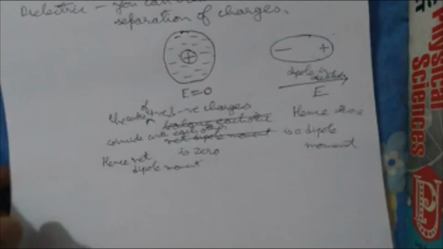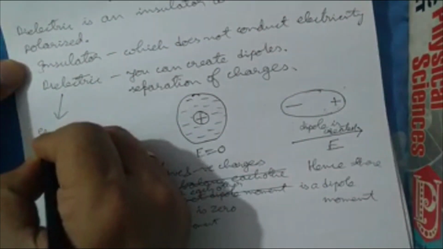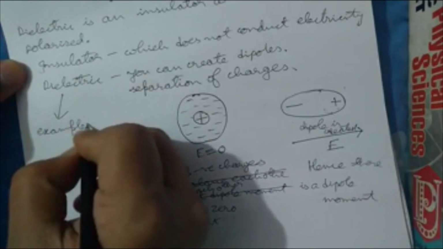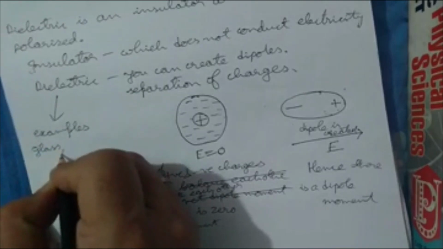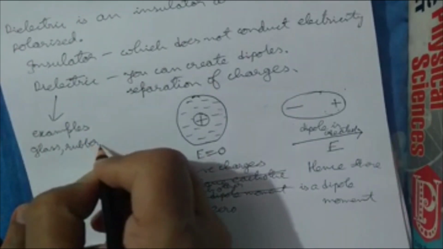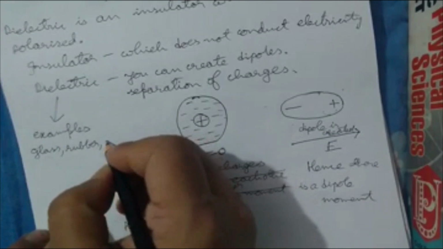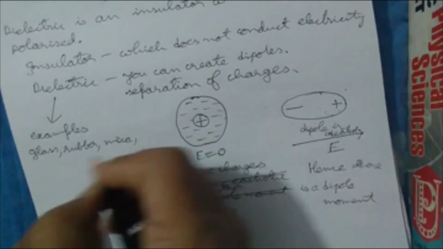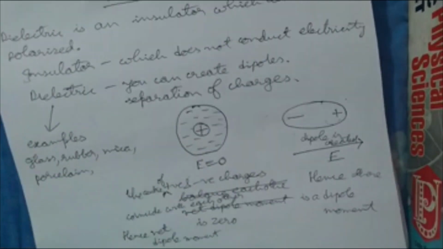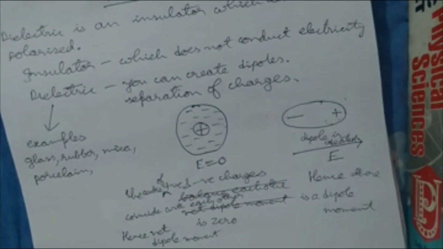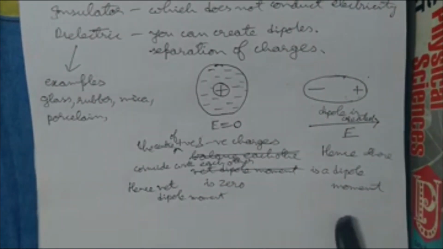Examples of dielectric are glass, rubber, mica, porcelain. Now, as I said, a dielectric is an insulator, but there is a difference between dielectric and insulator.